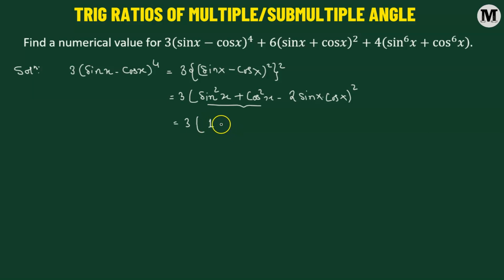It's a standard identity. So we are now left with the second term, negative 2 sine of x times cosine of x, whole squared.